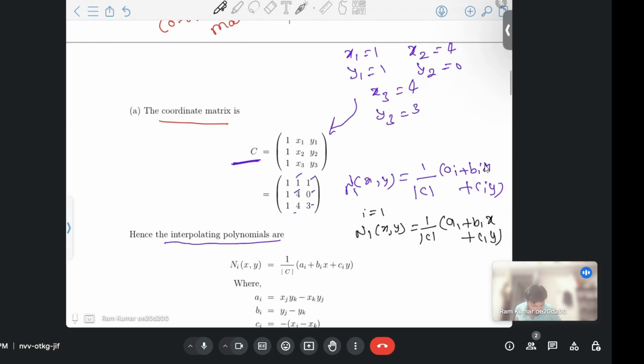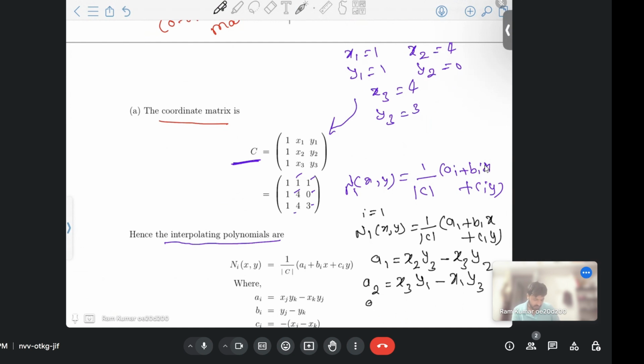Given that a1 equal to x2 y3 minus x3 y2. Then similarly a2 equal to x3 y1 minus x1 y3.